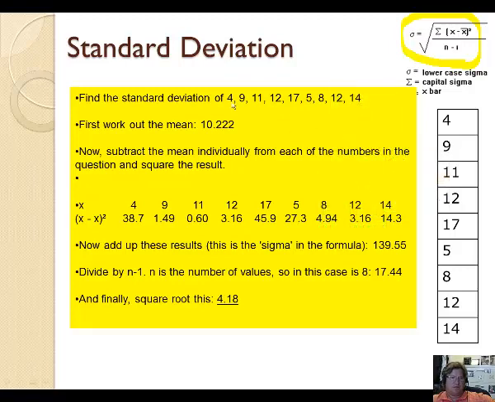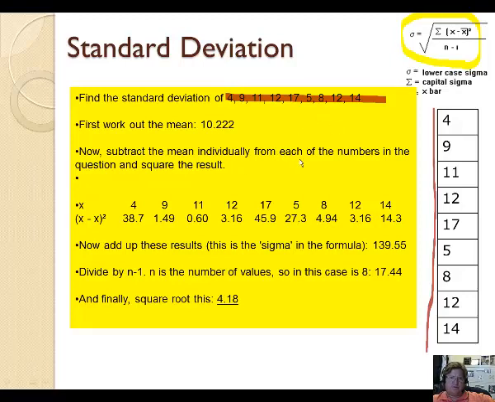Yep. So we got the same scores, and here they are in this table here. And I'm not going to ask you to calculate this on any kind of test, but I want you to understand where standard deviation comes from.